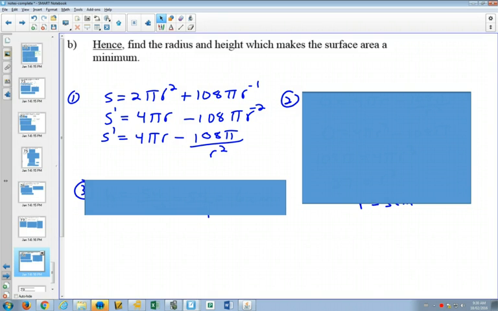Cylinders made out of aluminum, cylinders made out of tin. So companies are looking, well, if I'm going to make a cylinder for a can of Coke or a can of Pepsi, what size should I make so that I can use the least amount of aluminum possible so it doesn't cost me as much to make?